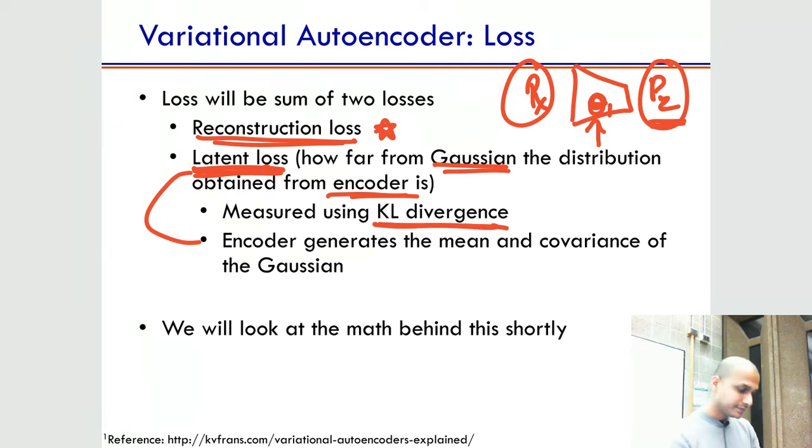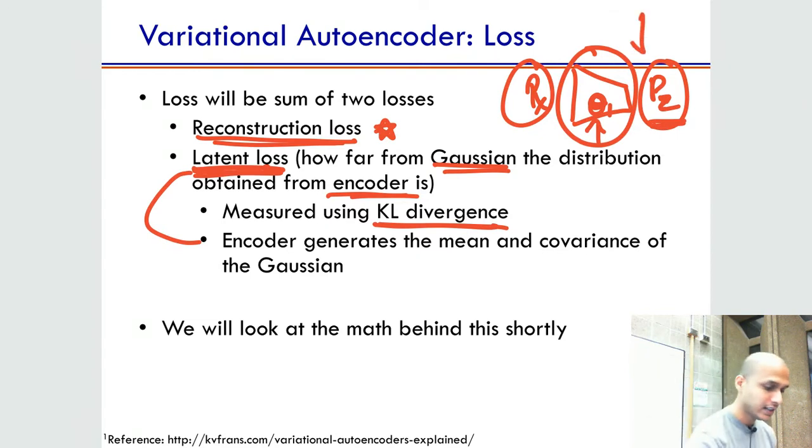In particular, remember the yellow block from a few slides ago is not really random. Given the fixed parameter theta, it's just a deterministic transformation going from some image to some vector. But we want some randomness. So what we're going to generate on the right-hand side of this yellow block is the mean and variance of z.